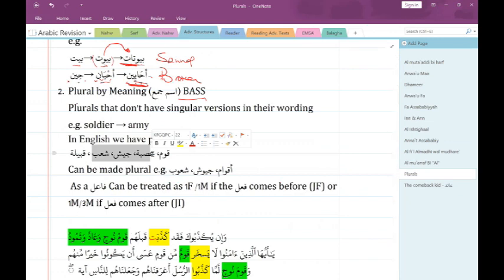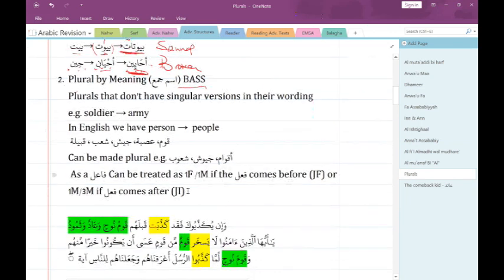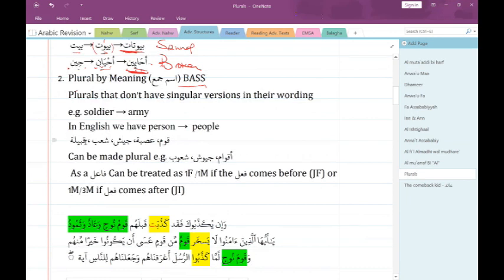It's already plural by meaning. So I can also take these words and make them into plurals again. So I can make plurals of these plurals. So qawm can be aqwam, jaysh can be juyush, sha'b can be shu'ub, and so on and so forth. Qabila, qabail, things like that. So you can have plurals of these plural words.